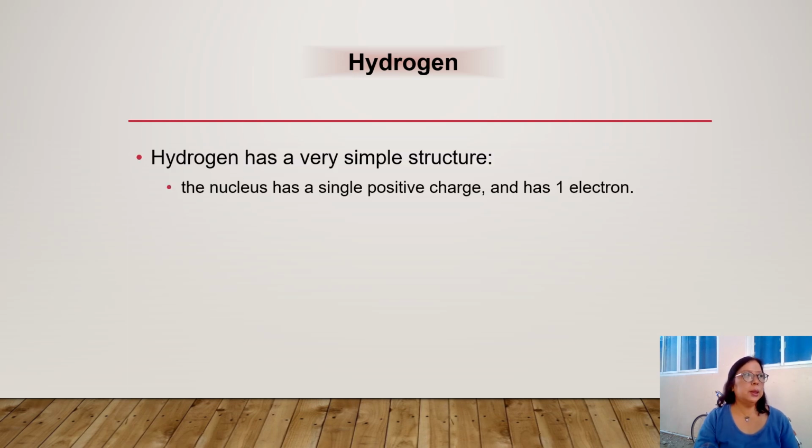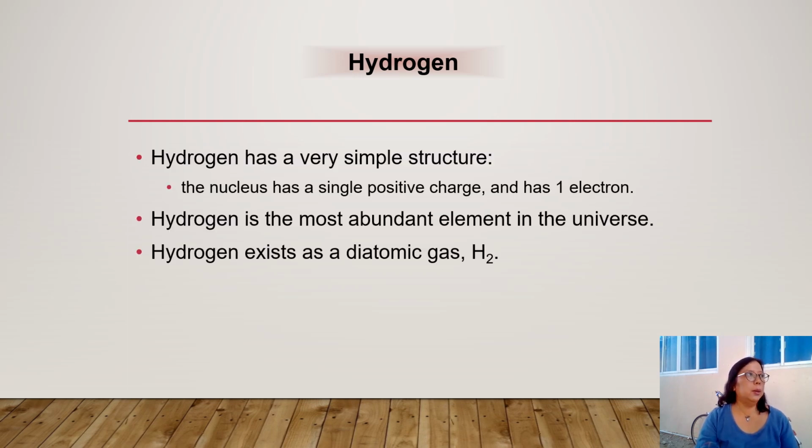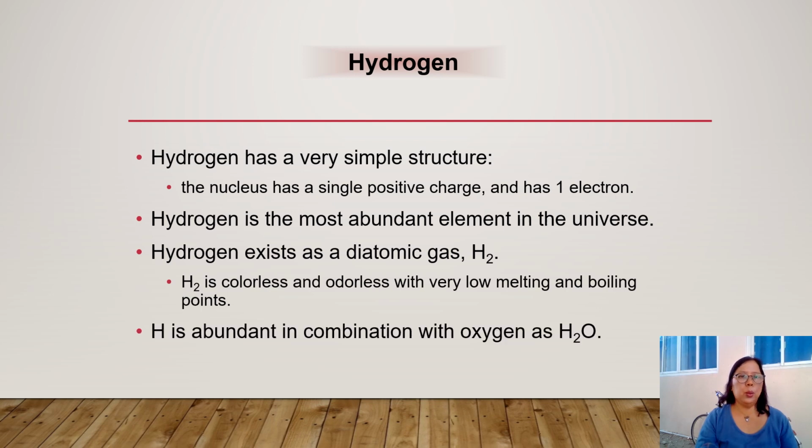Okay, let us discuss the elements one by one. In your inorganic chemistry, we have discussed already what hydrogen is, but this is just a review. Hydrogen has a very simple structure: it has only one electron, and its atomic weight is near 1.